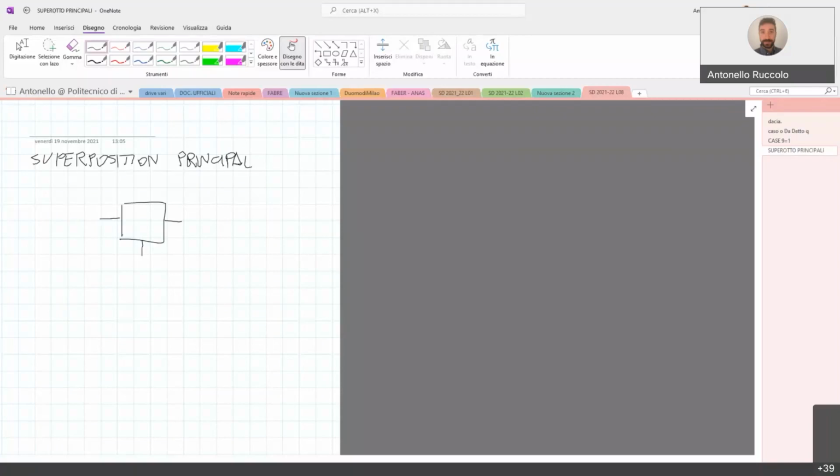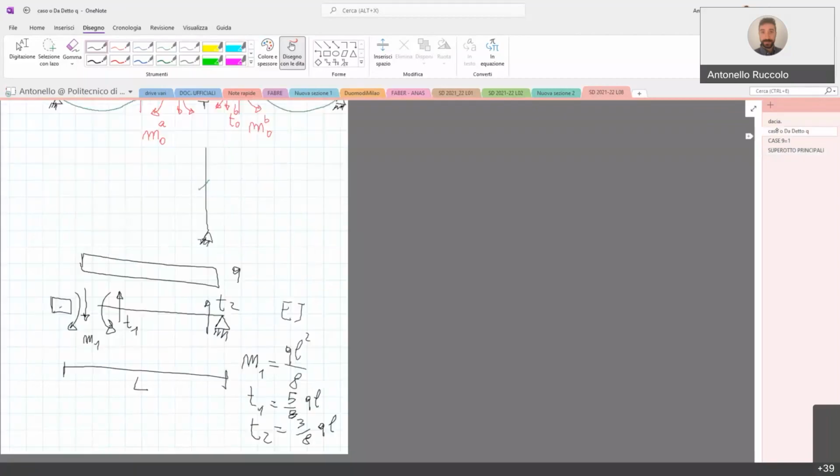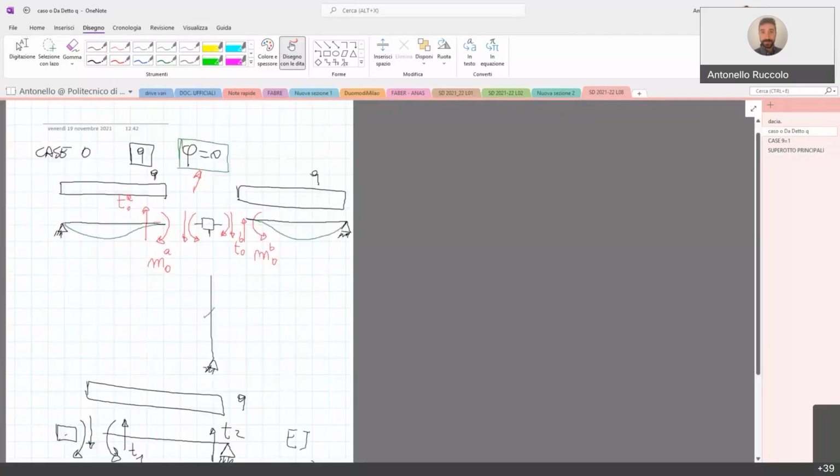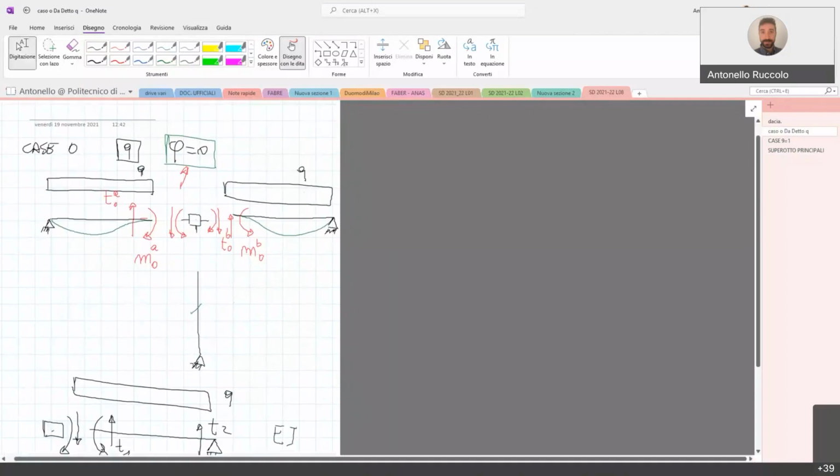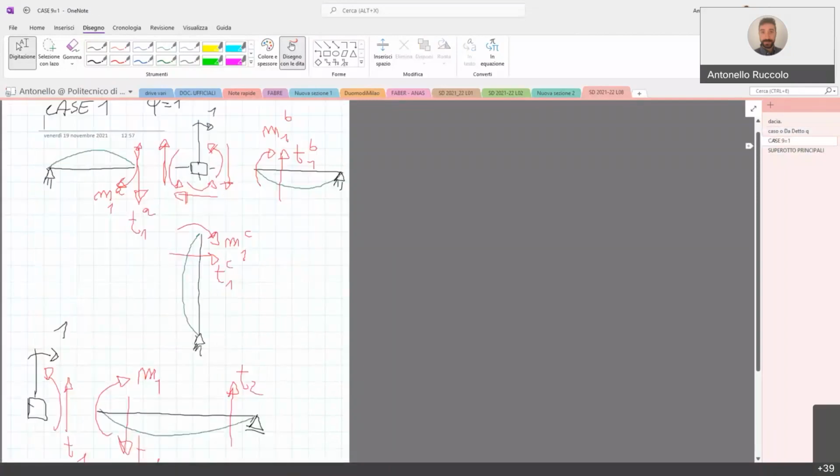This is node B. So we just collect all the information we found here. So these are the moments that are applied on the node B in the case 0, and these are the moments that are applied on the node B in the case 1.